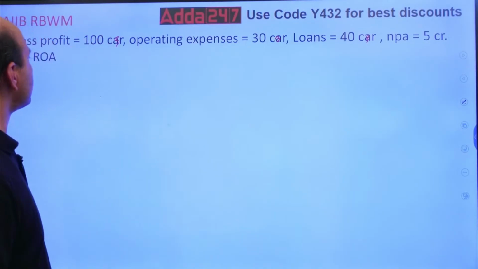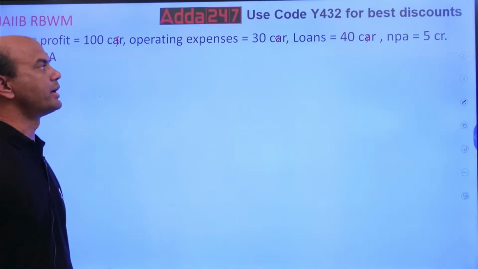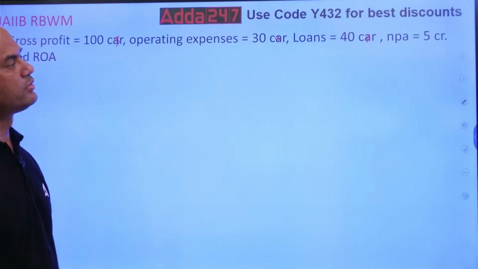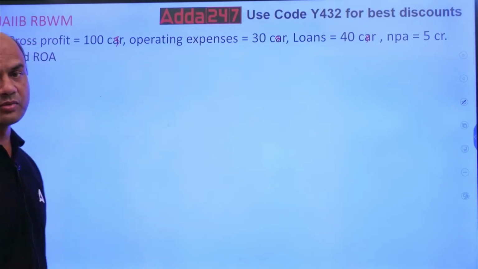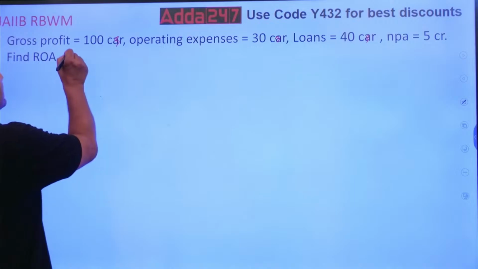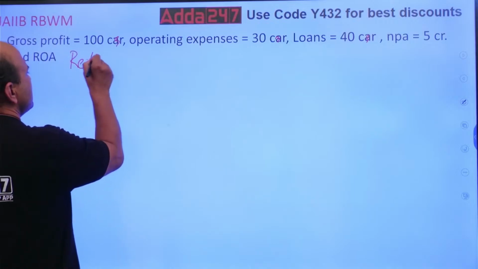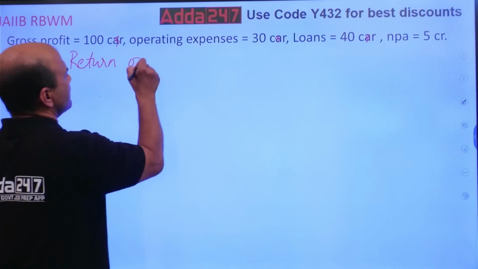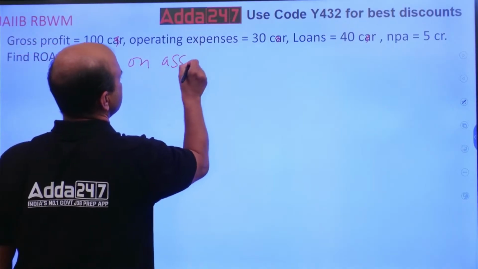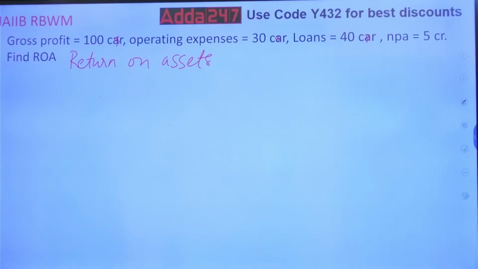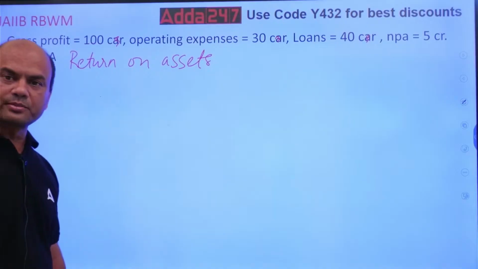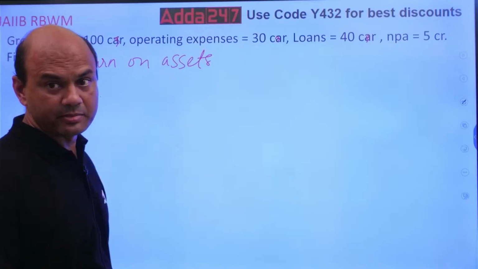So, gross profit equals 100 crores, operating expenses 30 crores, loans 40 crores, NPA 5 crores. You have to calculate ROA. What is ROA? Return on assets. There are 2 terms you will always get in your RBWM.